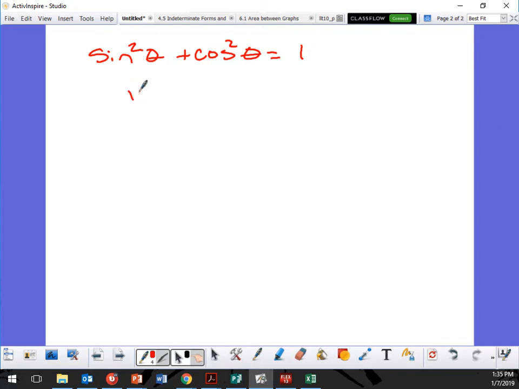Isn't this the same as saying y squared plus x squared equals 1 squared? Which is the same as saying a squared plus b squared equals c squared, because the radius of my unit circle is always going to be 1. So the c is always going to be 1.